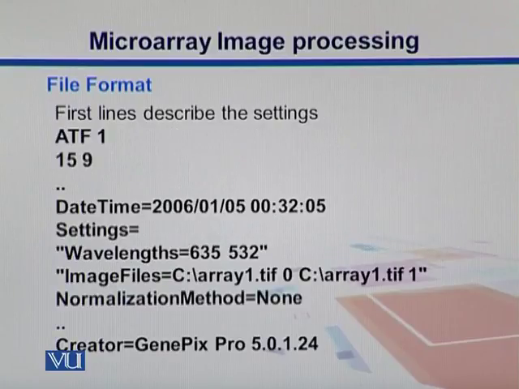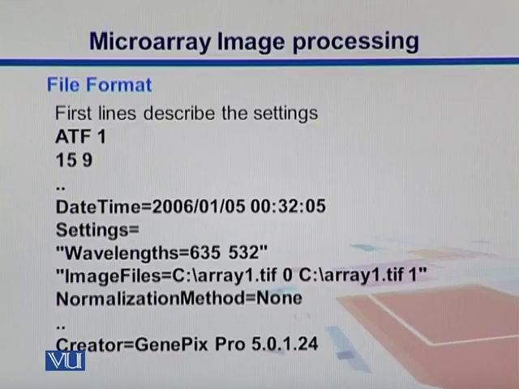A typical file looks like this. The first lines describe the settings we are using, the date, and the wavelengths. Remember that for the dye cyanine 5 (Cy5) the wavelength is 635, whereas Cy3 uses the wavelength 532. So they are represented here as 635 and 532.